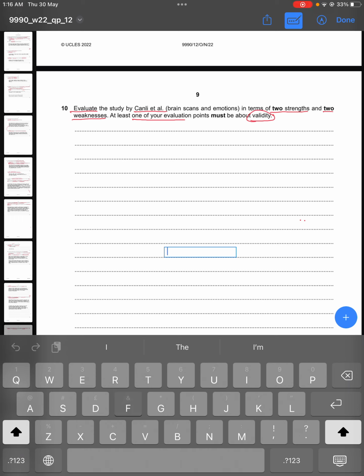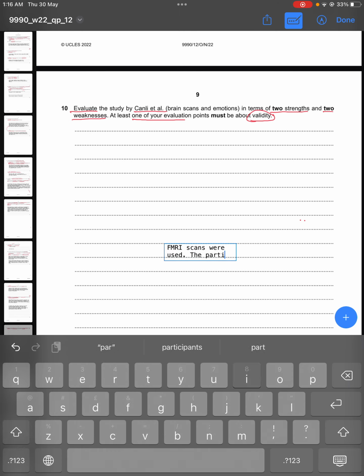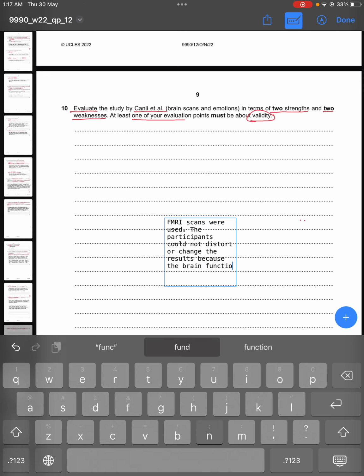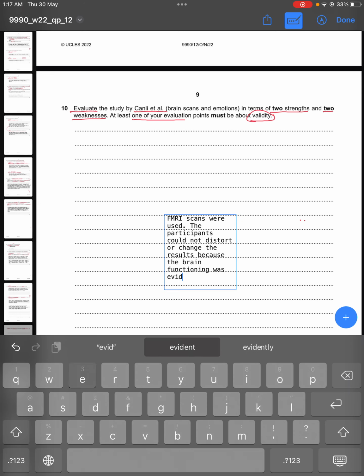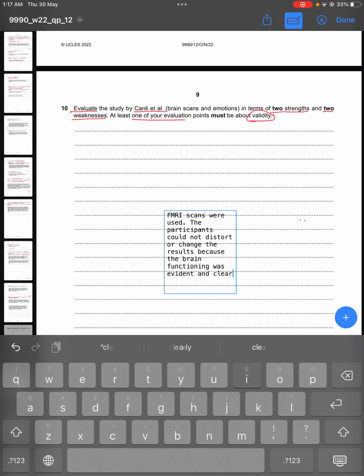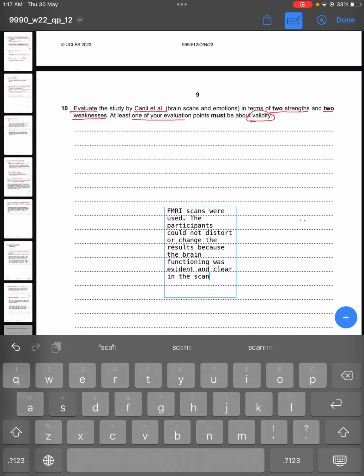So I can write that fMRI scans were used, so the participants could not distort or change the results because the brain functioning was evident and clear in the scans.